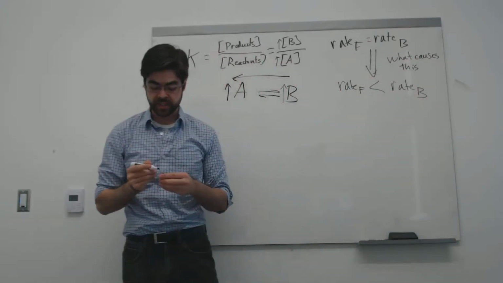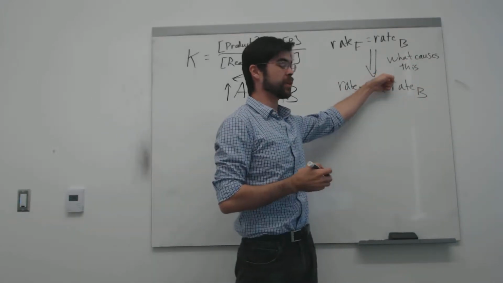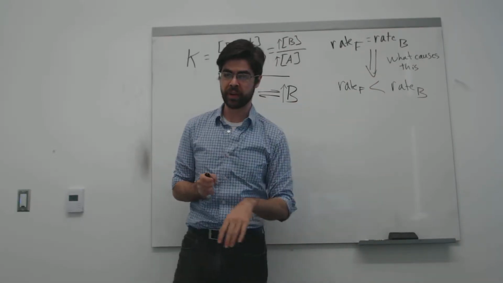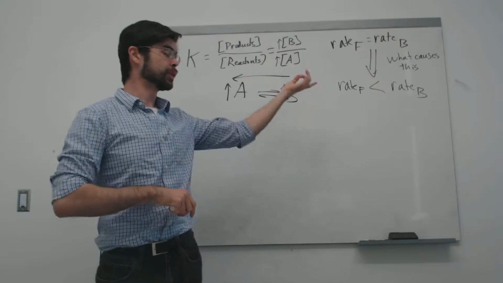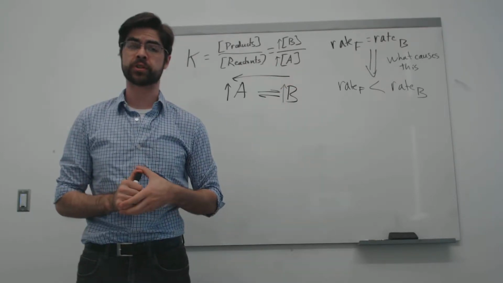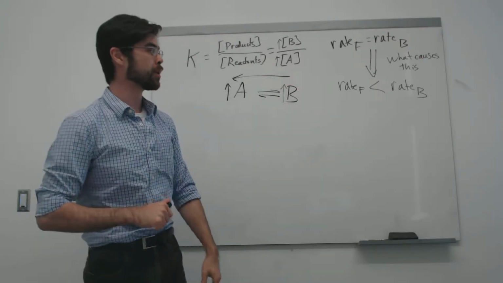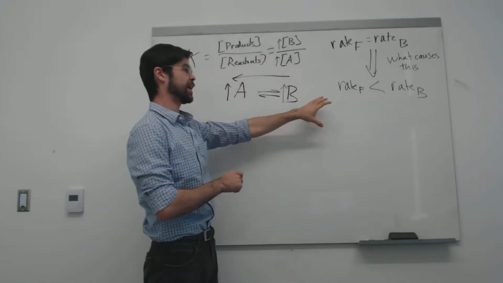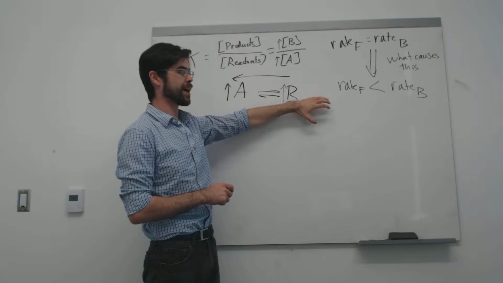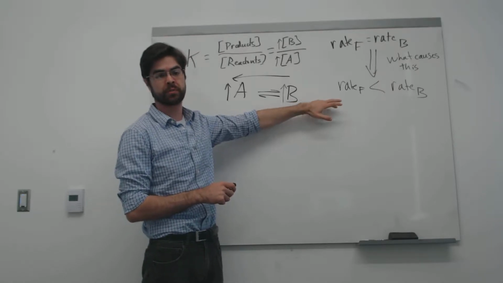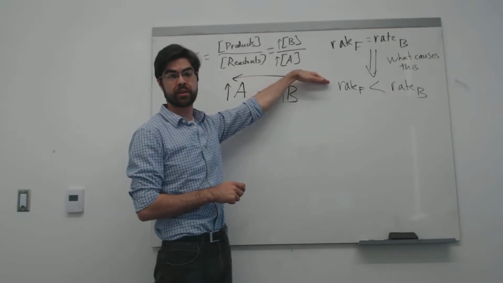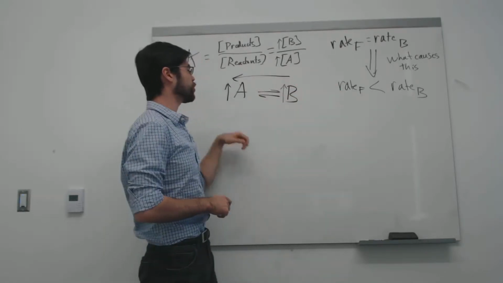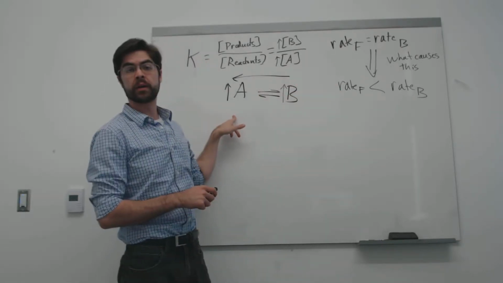Anything that could either increase the rate of the backwards reaction or decrease the rate of the forward reaction would result in that particular scenario. We imagine that the rate of the backwards reaction should depend upon the concentrations of the products, so I could increase their concentration, or I could try decreasing the rate of the forward reaction by removing reactants.